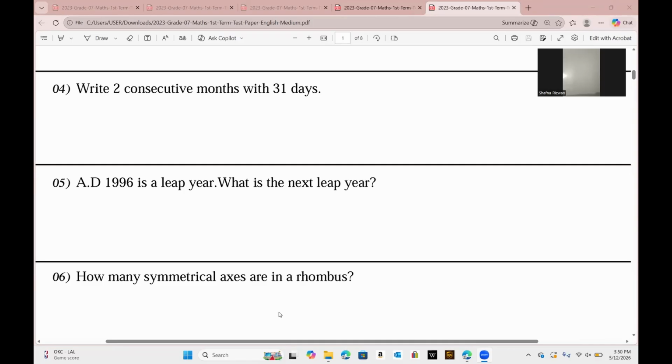They are asking you to write two consecutive months, okay? Two consecutive months with 31 days. So, Sami, what are the two consecutive months that you have with 31 days? How can you find it? Let's do it, okay?